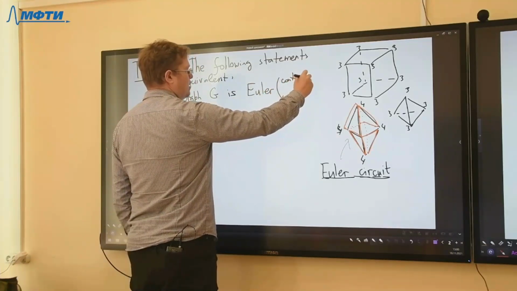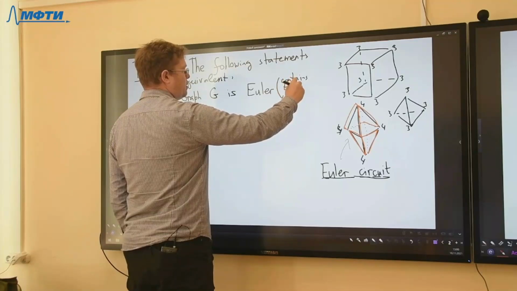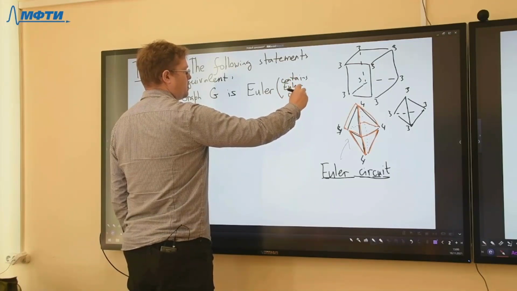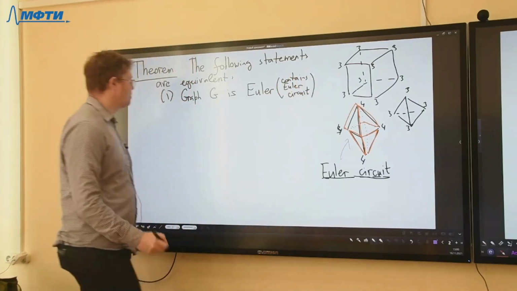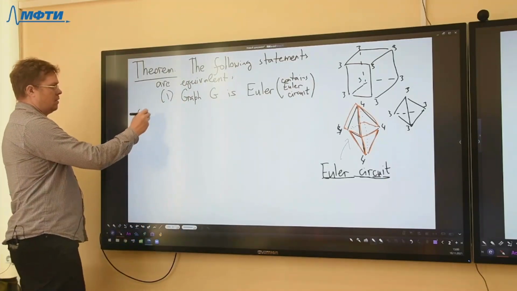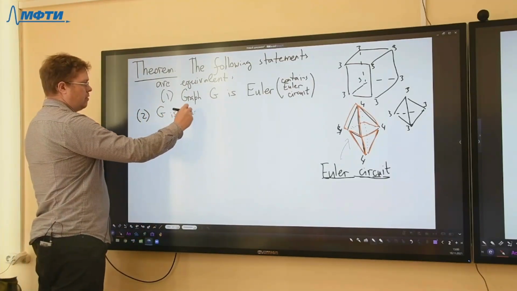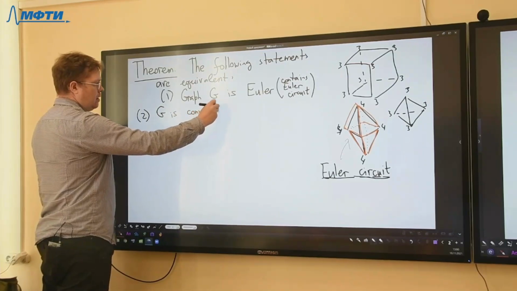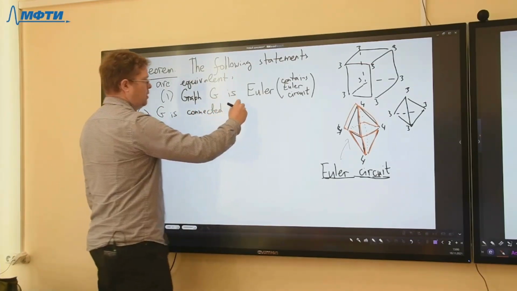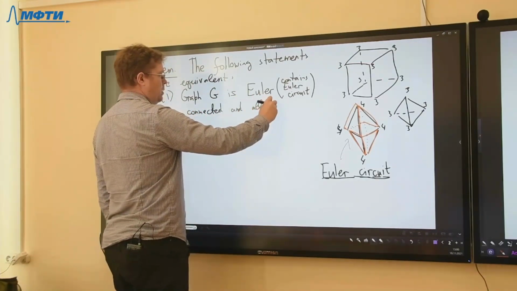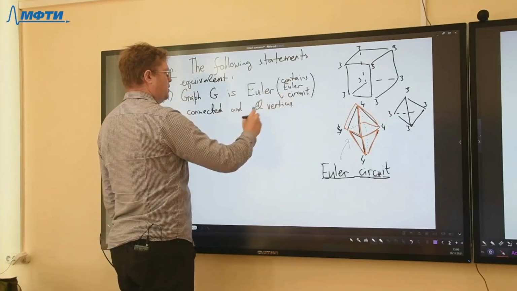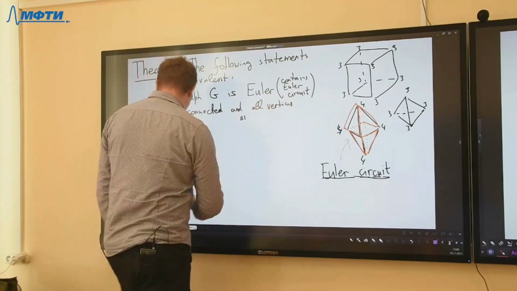Second, G is connected, and all vertices have even degree.